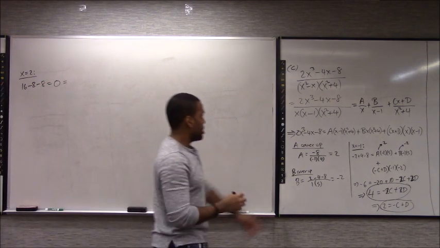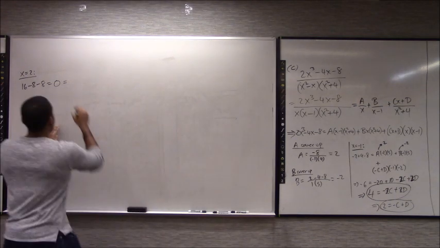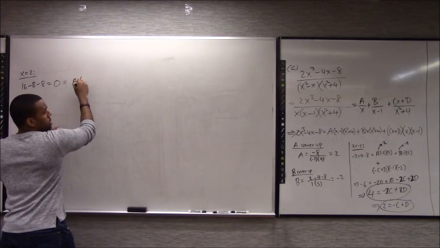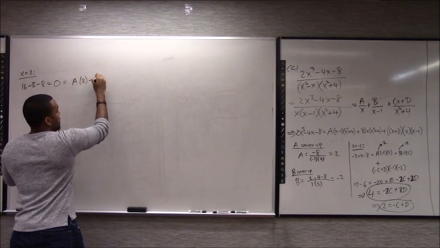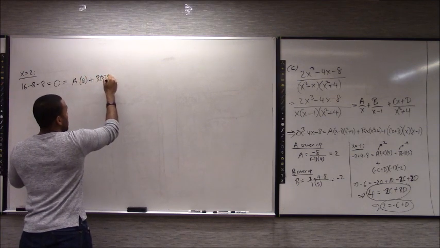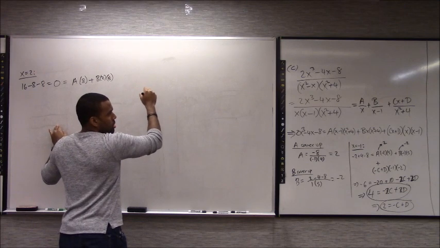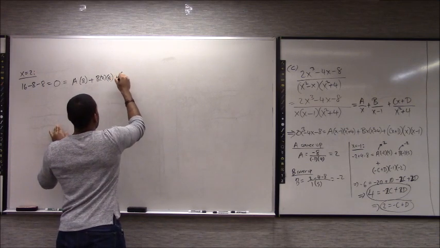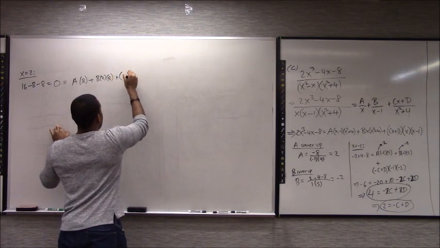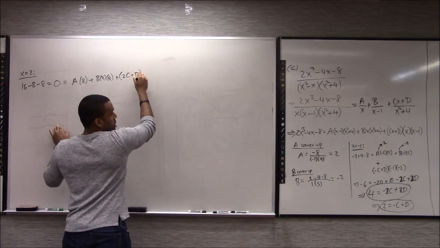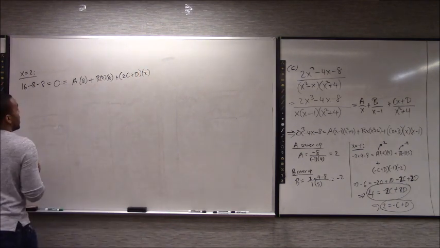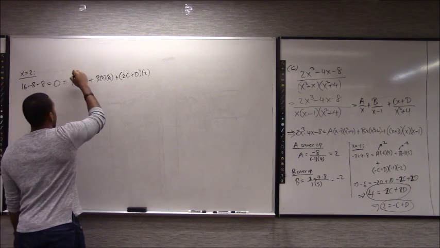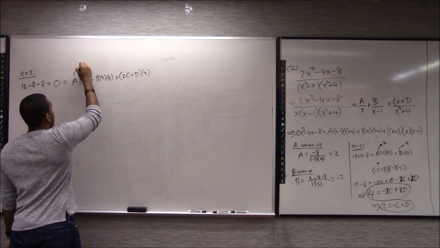And if I plug in 2 over here, that's going to give me A times 8 plus B times 2 times 8 plus 2C plus D times 2. And I actually know what the B is.